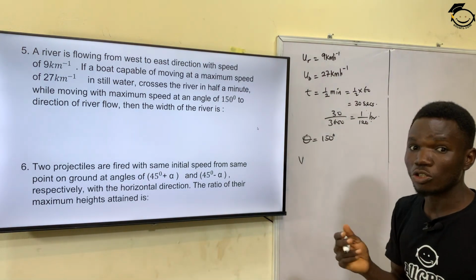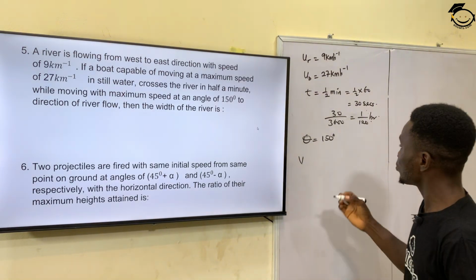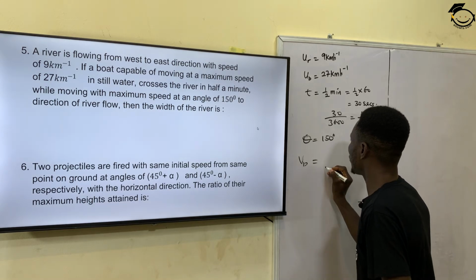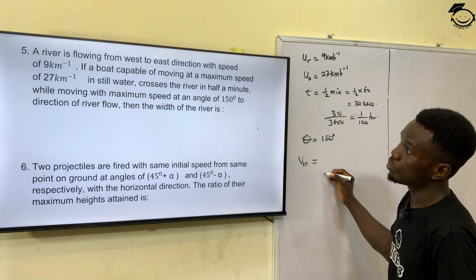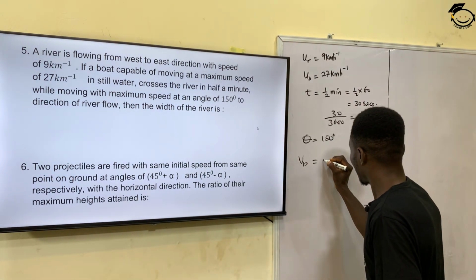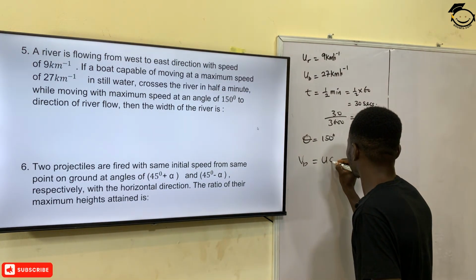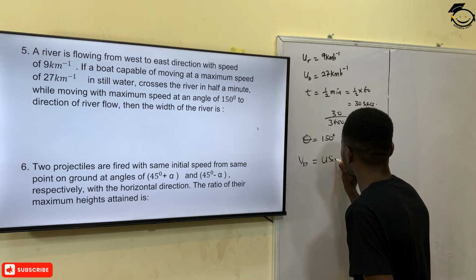Perpendicular to the direction of the flow of the river, which means that the velocity with which this boat moves is supposed to give us the vertical component, which is u sine theta.